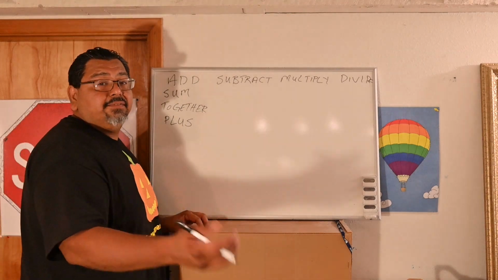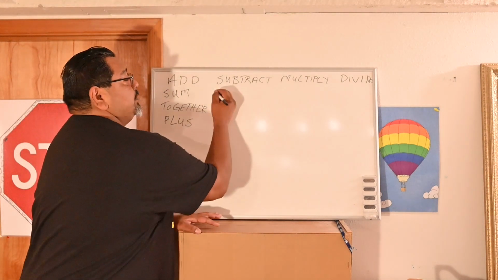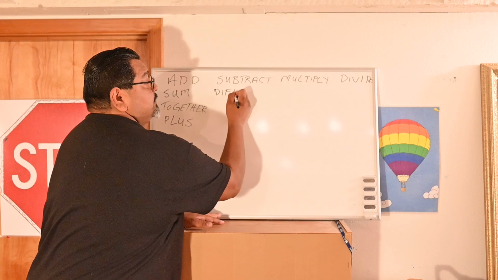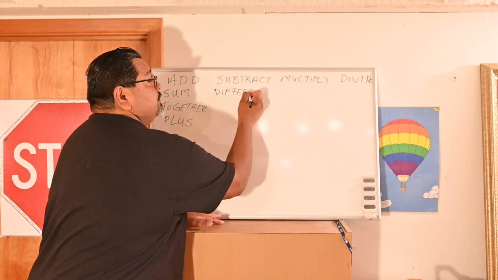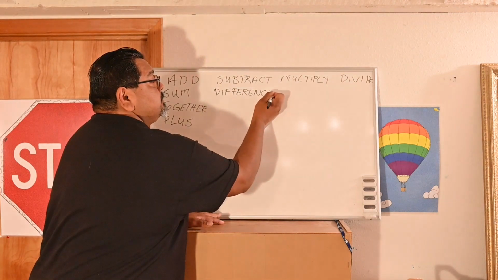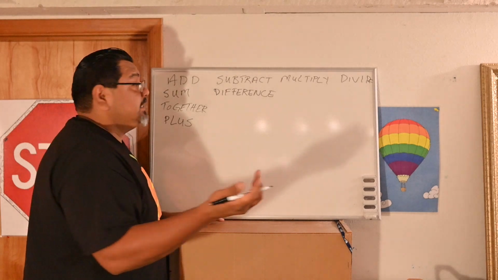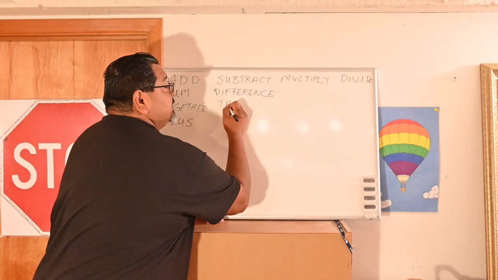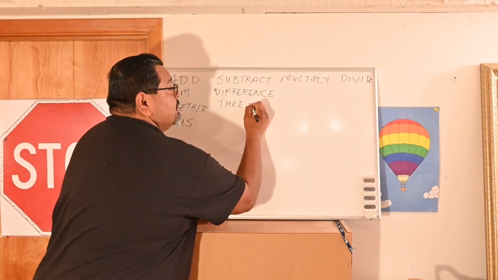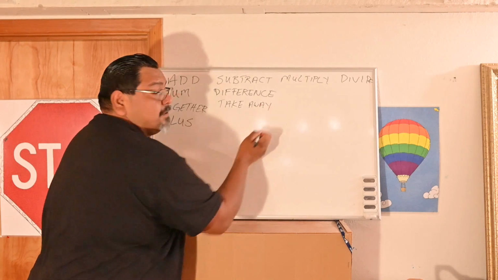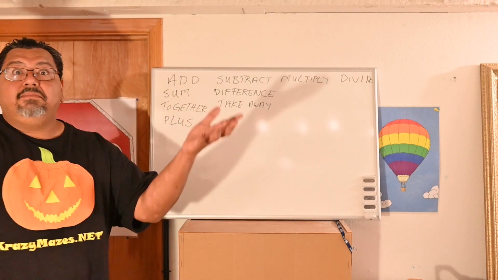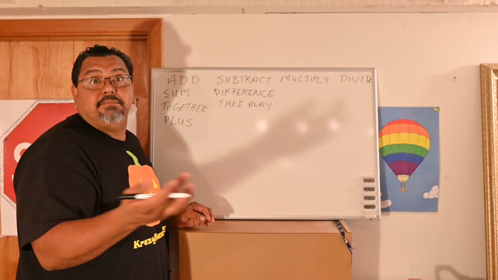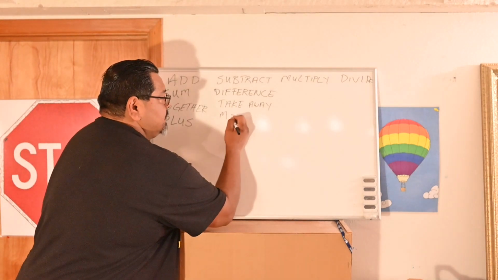Subtraction. Let's look at a couple of words for subtraction. We think maybe difference. What is the difference between these two? What is, let's take away this from that. So take away. Let's go with the obvious one, right? This minus that. So minus.